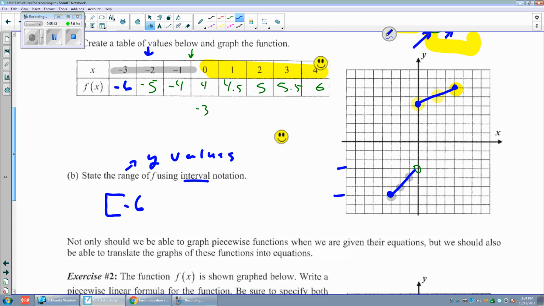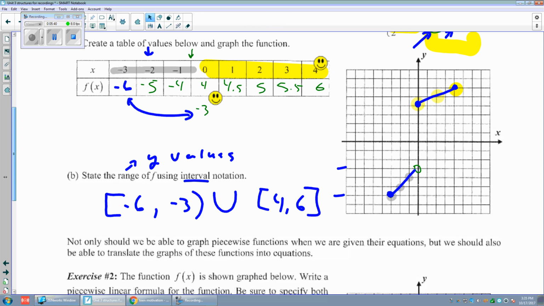Domain, range, x, y. Up to -3, it's going to be open. -6 to -3, union, 4 to 6.